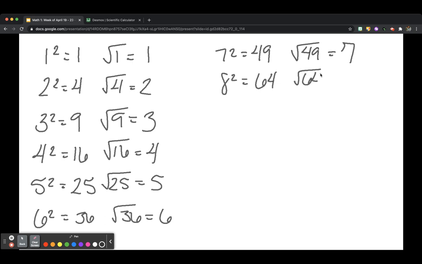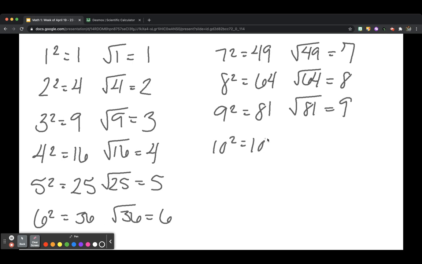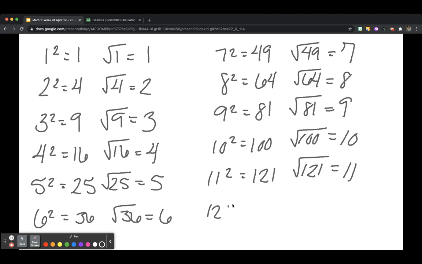The square root of 64 is equal to 8. 9 squared is 81, and the square root of 81 is equal to 9. 10 squared is equal to 100, and the square root of 100 is equal to 10. 11 squared is 121, and the square root of 121 is 11. 12 squared is 144, because it's 12 times 12, and the square root of 144 is equal to 12.